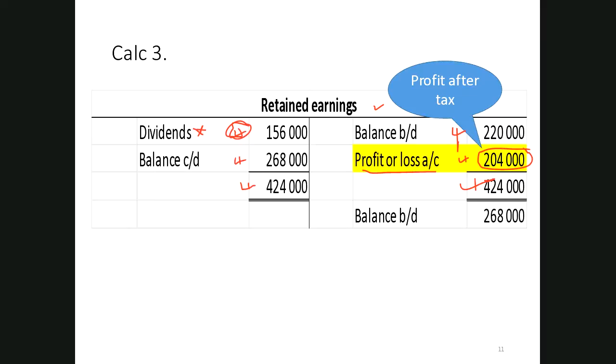It's important to remember this amount is after tax. Tax is something we show separately on the statement of changes in equity. So we reconstructed the retained earnings account to get to the profit or loss amount for the year. So it's the profit of 204,000.